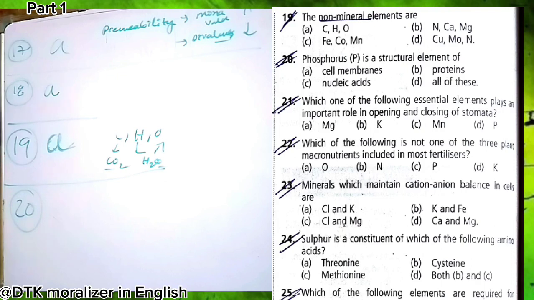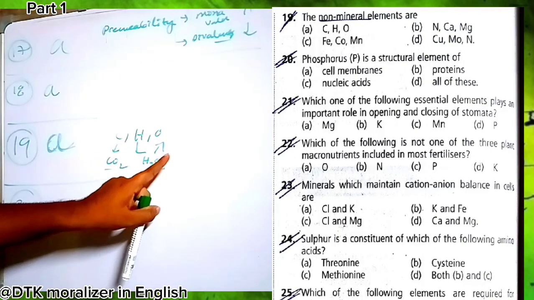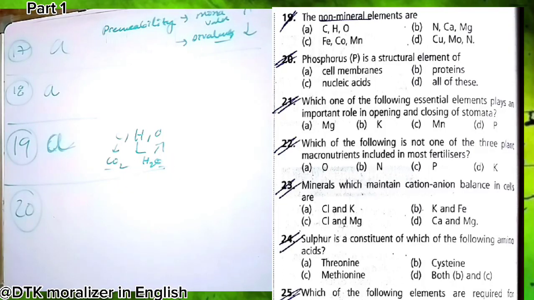As you can see, phosphorus is a structural element of cell membranes, proteins, nucleic acids, all of this. Membranes, proteins, nucleic acids.